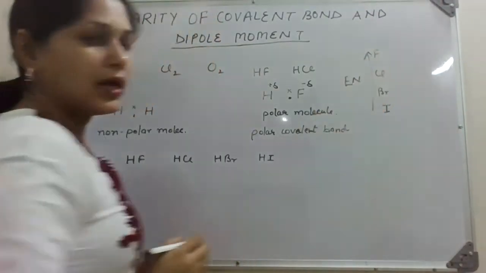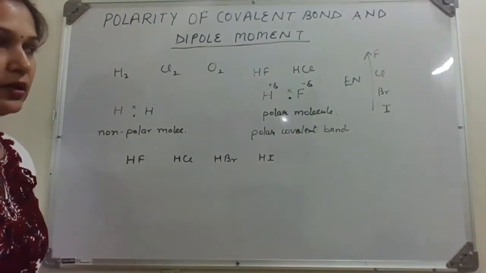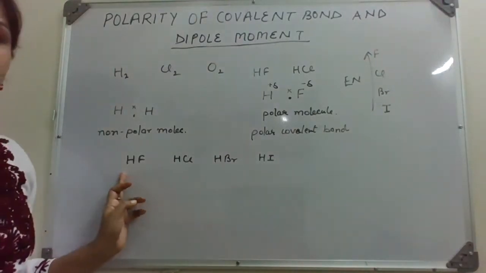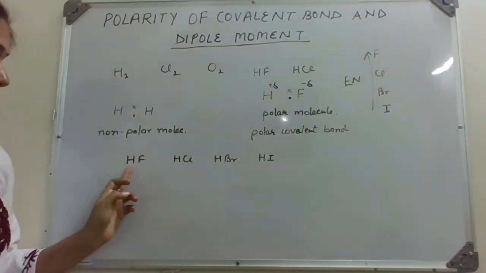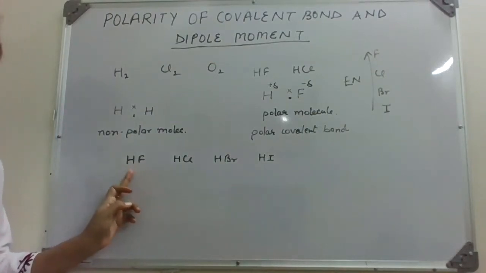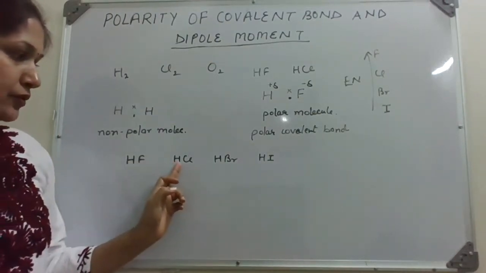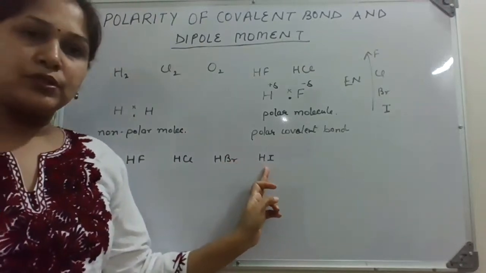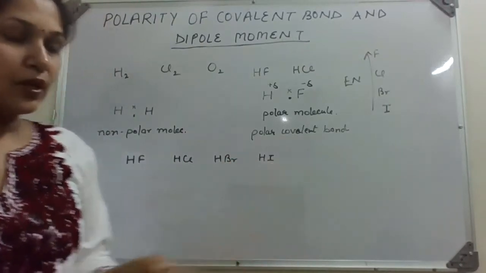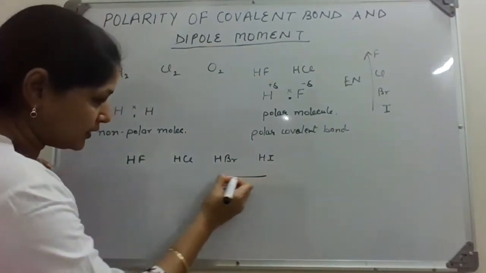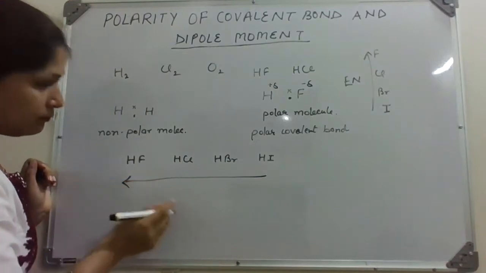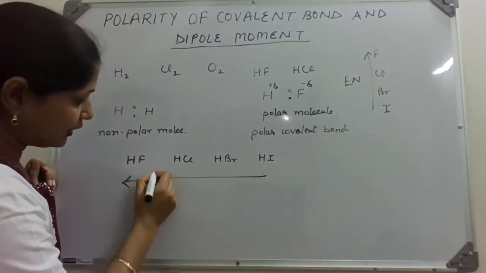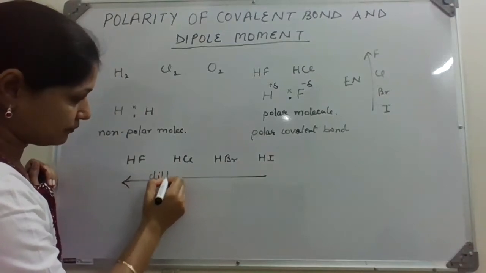So here fluorine is the most electronegative. So the electronegativity difference is highest between hydrogen and fluorine, then hydrogen and chlorine, then hydrogen and bromine, and in the case of hydrogen and iodine, it is least. So we can say that if we move from right to left, the difference in electronegativity increases.